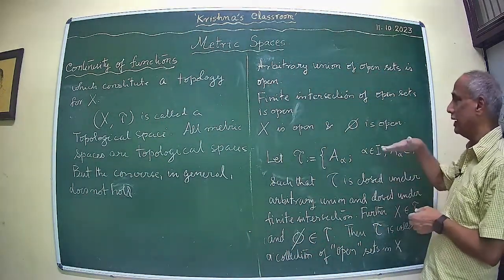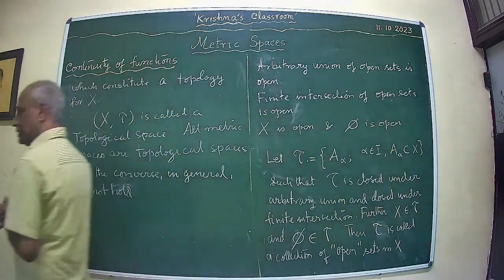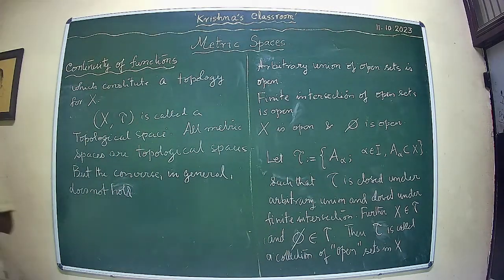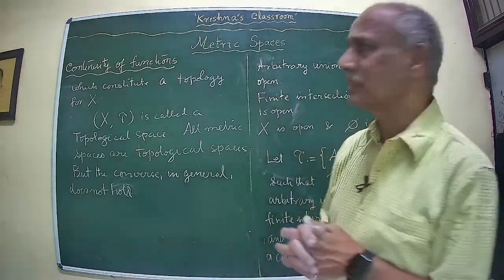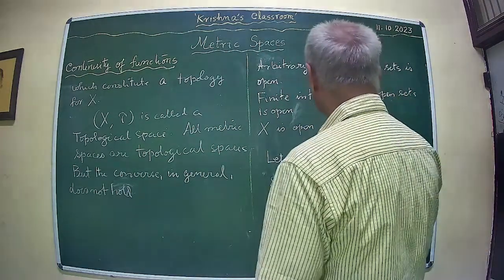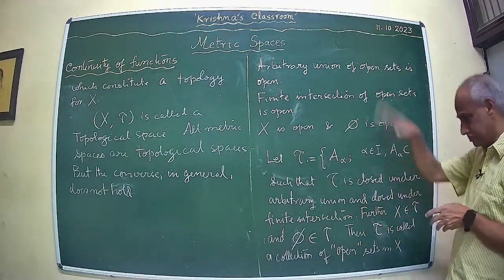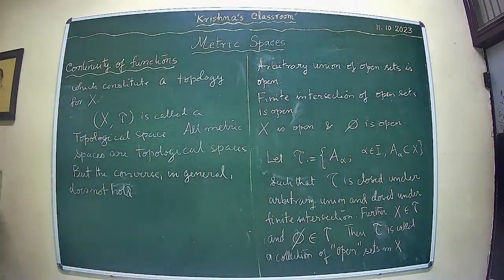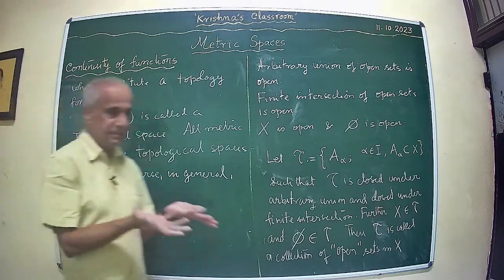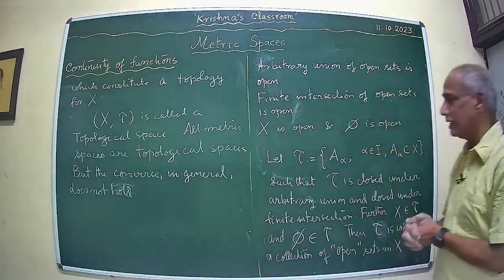And then we proved that the open sets have the following properties: that the open sets are closed under arbitrary union and finite intersection, X is an open set and the empty set is trivially an open set. So open sets in the context of a metric have these properties, and this provides the space with the necessary topology.